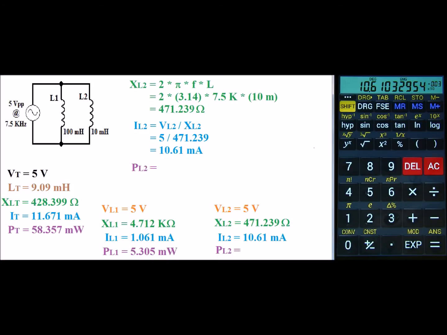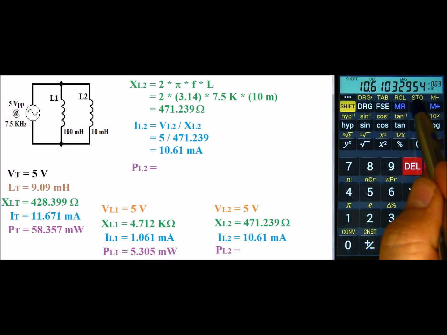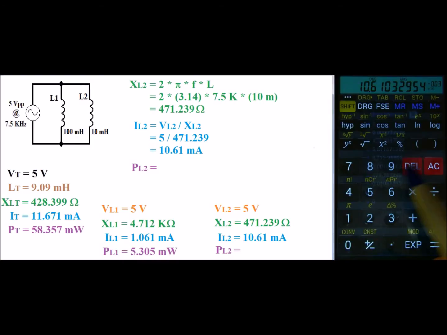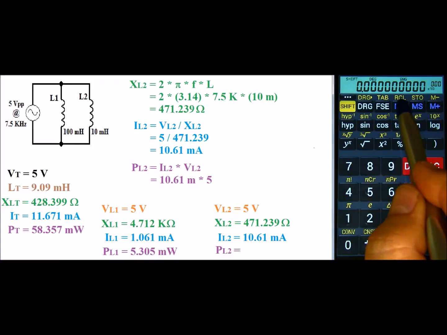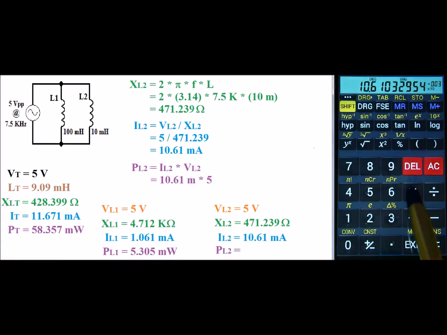Finally, we have the power of L2. I'll store this value. Power of L2 is IL2 times VL2. So we have 10.61 milli times 5. So I'll recall my current and multiply it times 5. And we get 53.052 milliwatts.